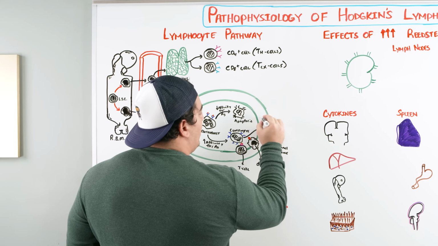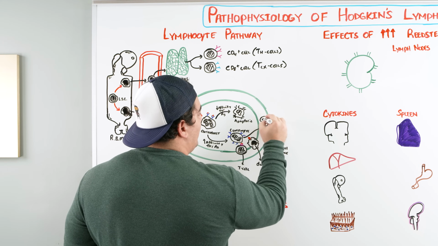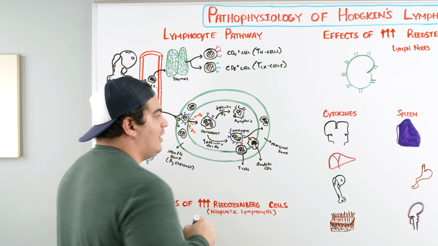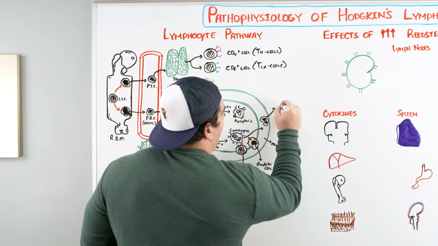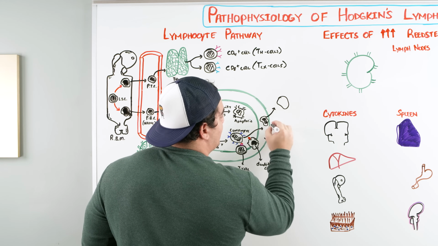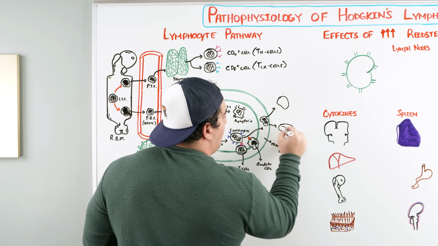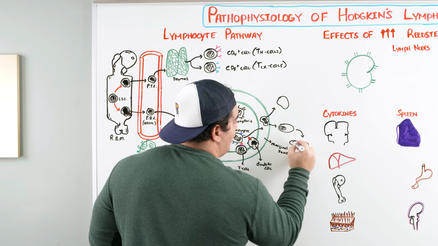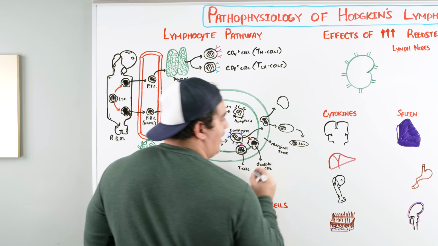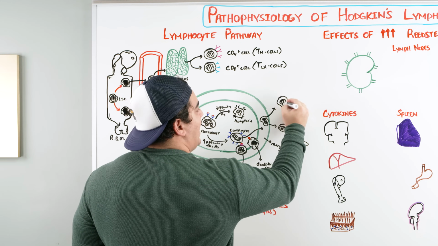And then this centrocyte is differentiated and it says, okay, I know what I'm going to be. I'm going to become a memory B cell, or I'm going to become a plasmablast, which then becomes a plasma cell.